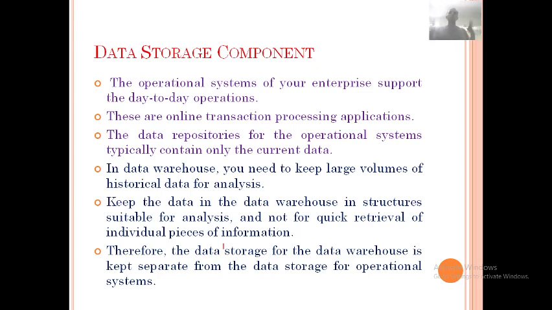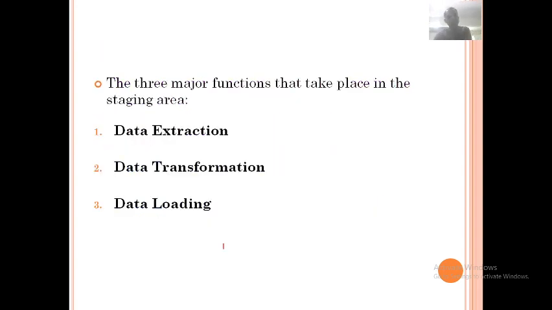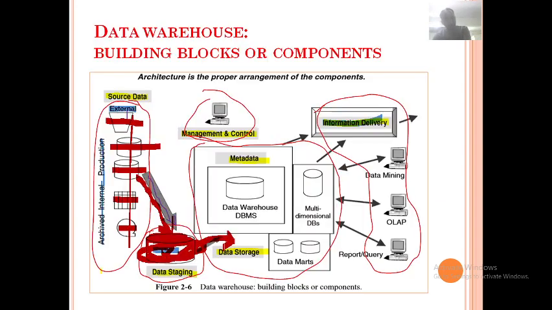The database is structured in such a way that I can easily extract the data of a particular date, particular item, and you can delete or modify it. Got it? But the same thing does not happen in the data warehouse, right? So the data storage for the data warehouse is kept separate from the data storage for operational systems. Hence this data warehouse is a different place.